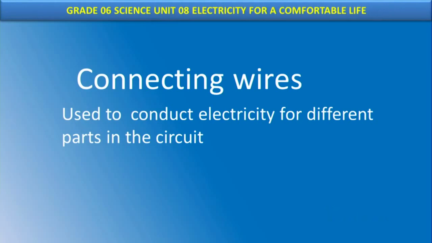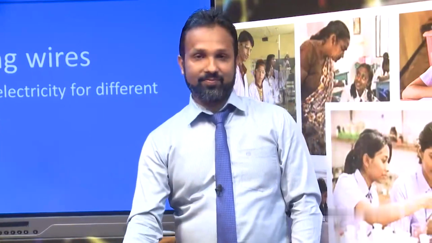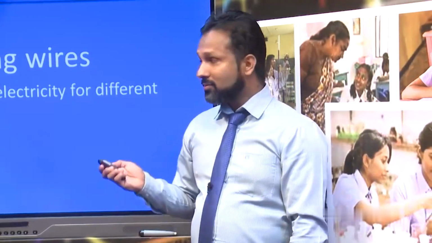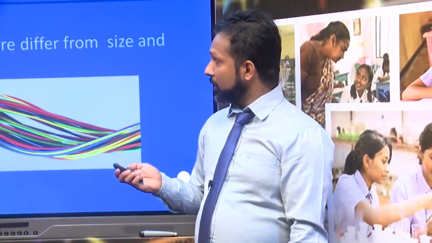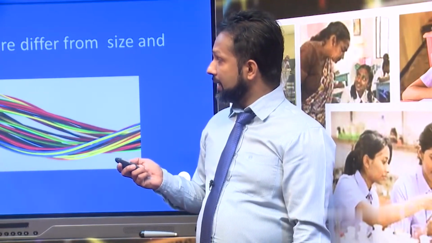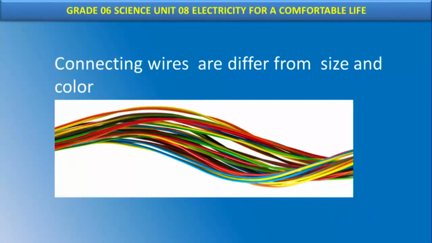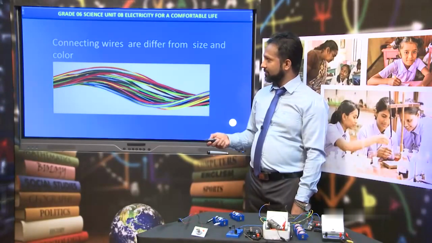So we can say connecting wires are used to conduct electricity to different parts of the circuit. Right, you can remember. Let's watch a picture of connecting wires. As I told you earlier, connecting wires differ in size and color. There are different colors.